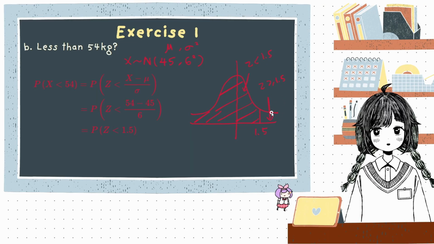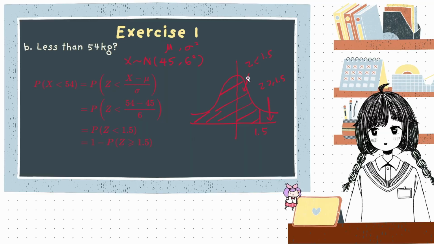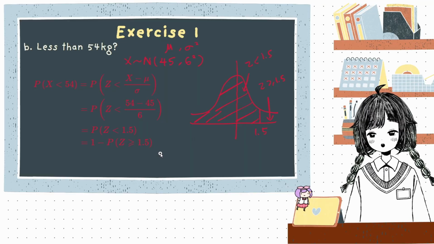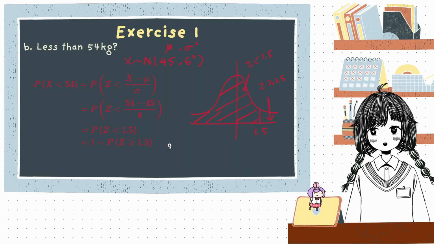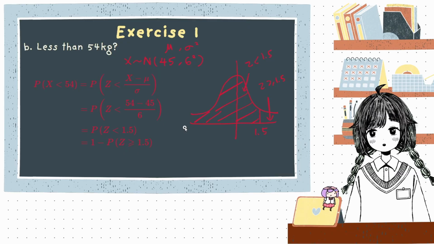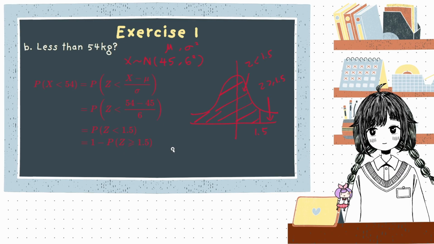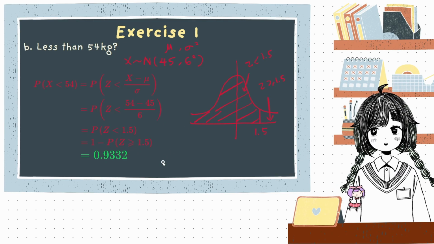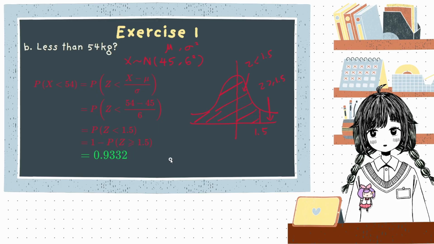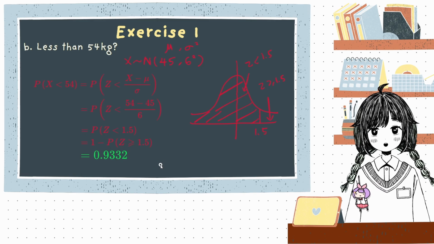So what we do is simply 1 minus P(z more than or equal to 1.5). Solving it, 1.5 from the z table is 0.0668 and the final answer is 0.9332.